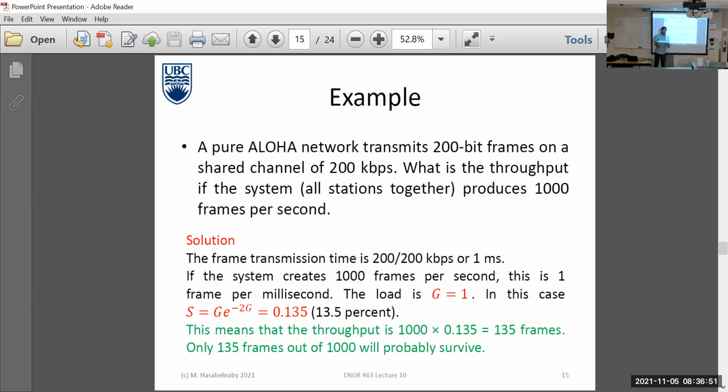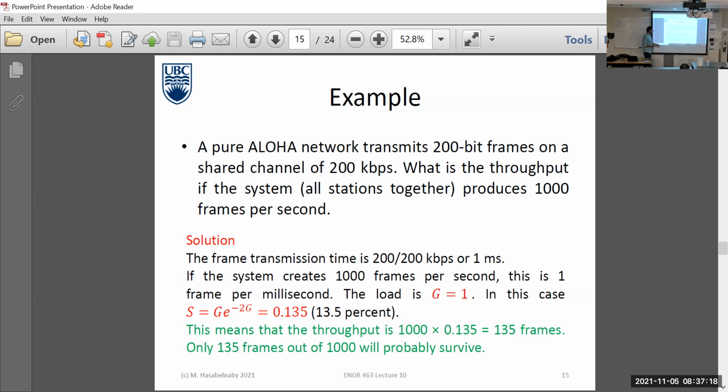And all the stations, all the users produce 1,000 frames per second, which means that we produce 1 frame per millisecond. So the load G equals 1.